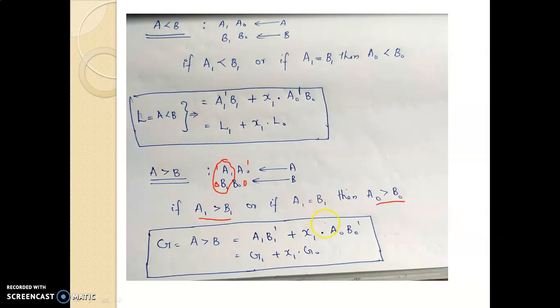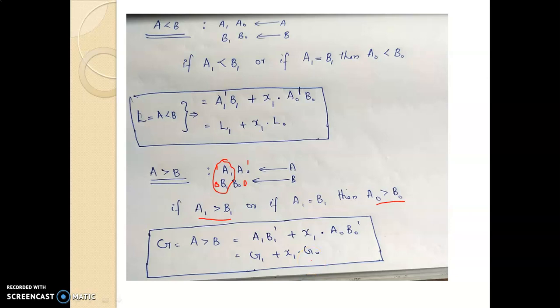If that is equal, then you have to check A0 is greater than B0. So dot A0 has to be 1 and B0 has to be 0, so B0 bar. So A1 B1 bar can be called G1, and X1 A0 B0 bar can be called G0. So we got the equations for less than, greater than and equal to.